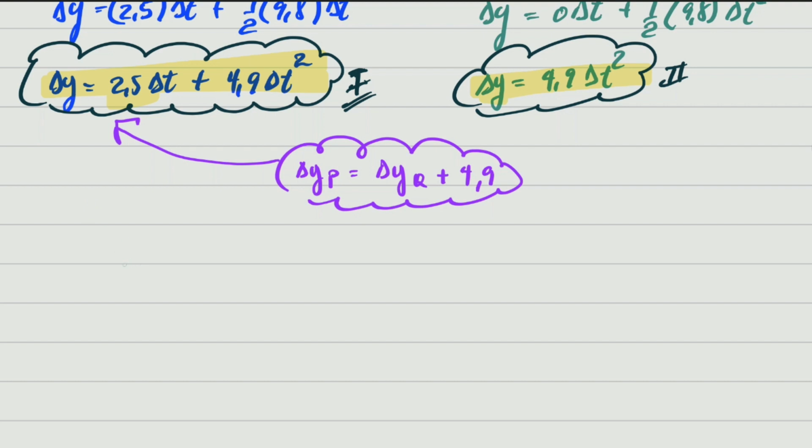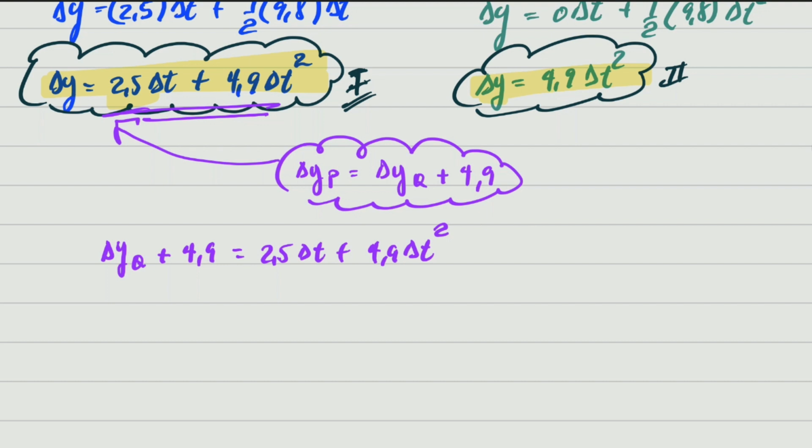Displacement P is going to be now displacement Q plus 4,9 equal to, and then the rest that we have there, 2,5 delta T plus 4,9 delta T squared. And we are there.